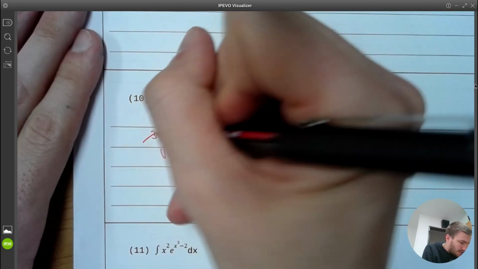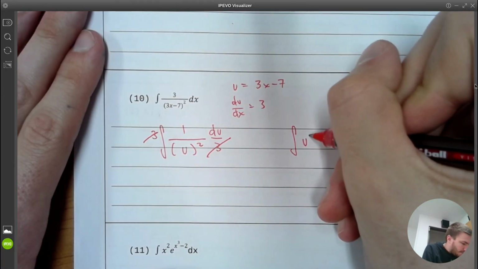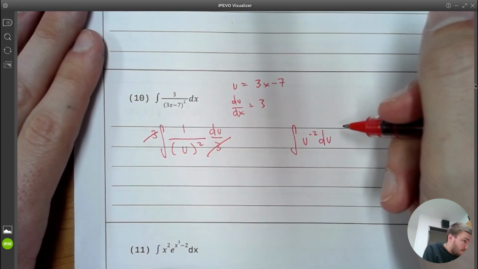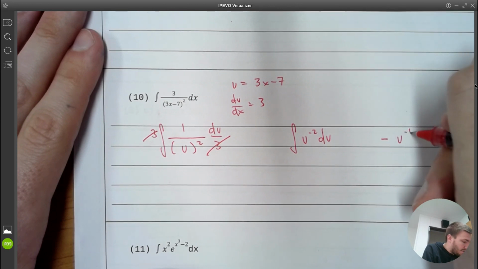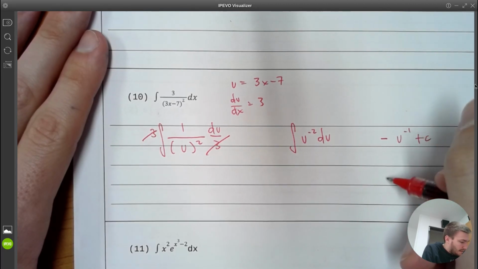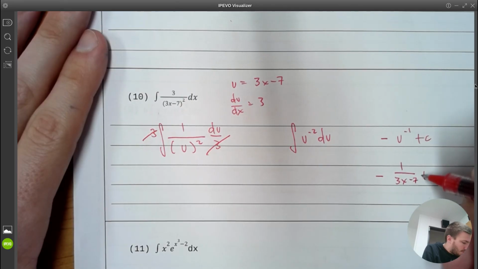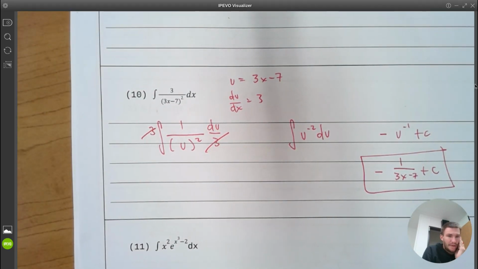The 3's will cancel out. The integral of u to the negative 2 du, add 1, which makes negative 1, and then divide by that. Negative u to the negative 1 power. This is an easy question. I guess plus c, and so negative 1 over 3x minus 7 plus c. Not too bad.